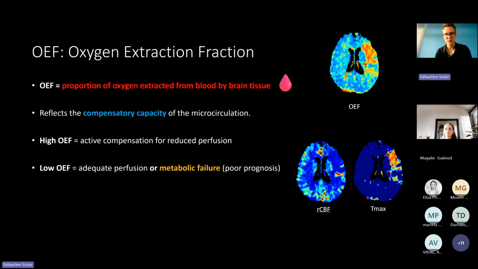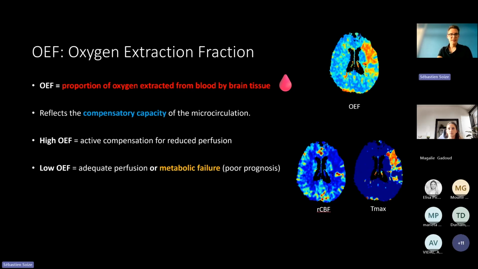There's no more oxygen in the area, but they try the hardest way to extract some oxygen. So at the beginning, you have, like here, an elevated OEF, and it's definitely a good sign. When your OEF is really low, it means your brain has abandoned and the tissue is fully dead.